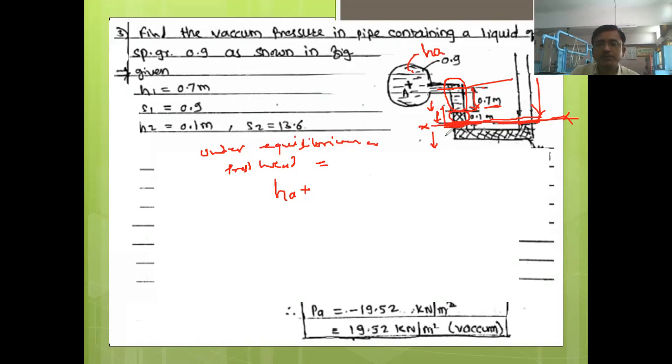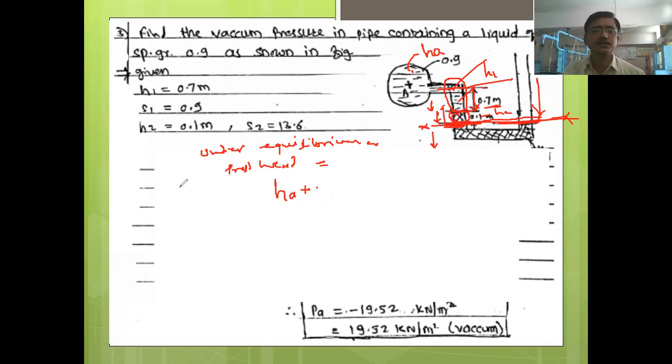So we have to add both values, right? What is the formula? Now let us consider, for this particular pipe liquid the height is h1, and for this liquid the height is h2. Those values are already given, you can directly put the values. It will be better to first write down the formula and then put the values.